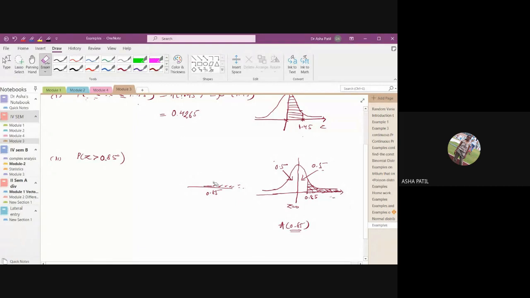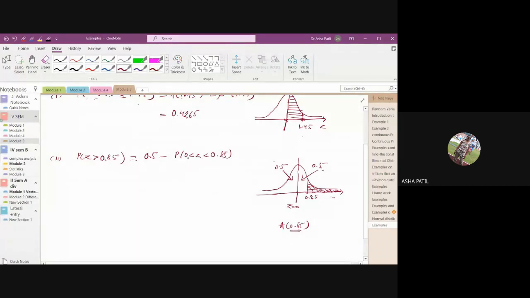So what we write here is the probability that Z is greater than 0.85 equals 0.5 minus the probability that 0 less than Z less than 0.85.